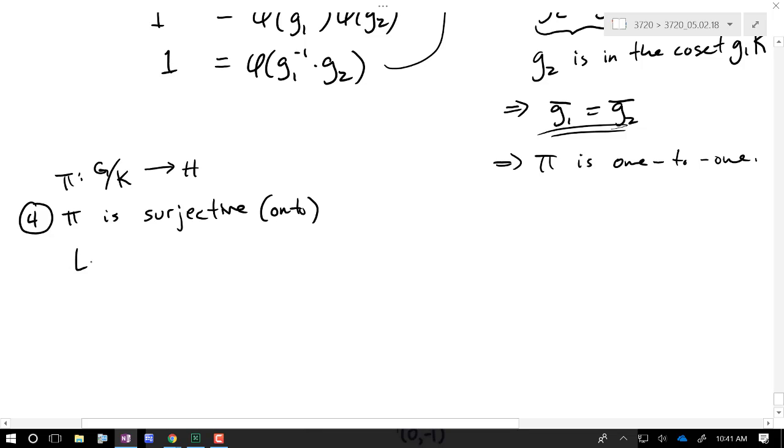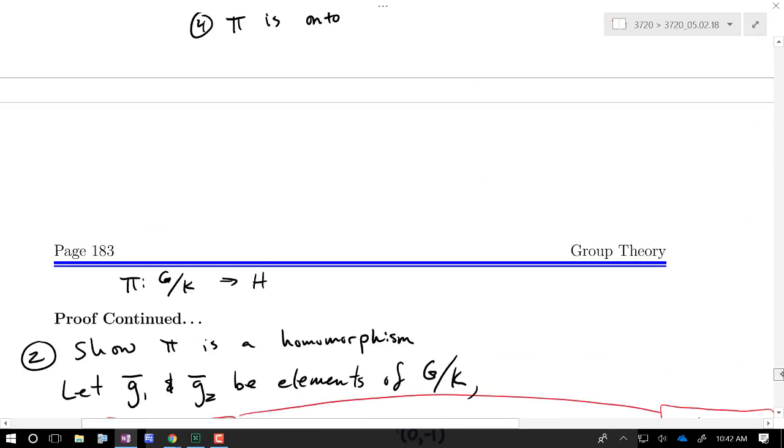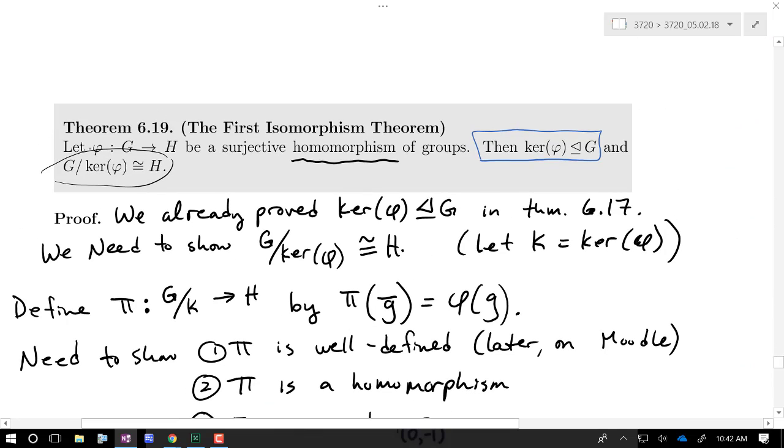So let's let h be an element of H. Now we're not gonna get there directly, right away, by using the pi function, but if we have an element of H, we can certainly find something that maps to h from G, not from G mod K. We know that because the premise of this theorem is that phi is a surjective homomorphism.